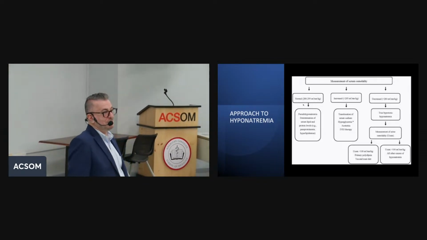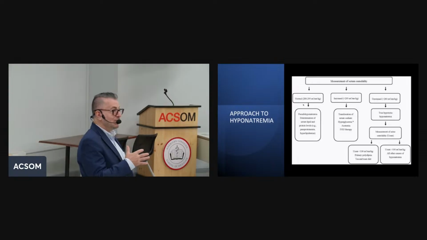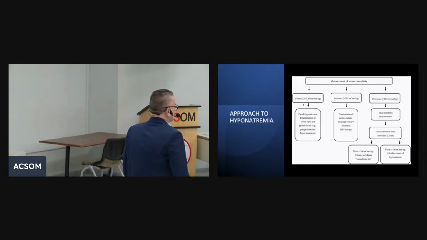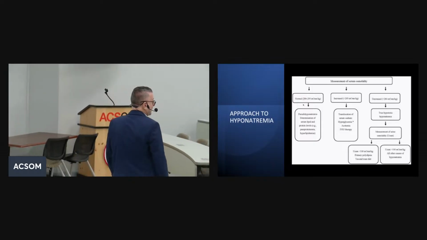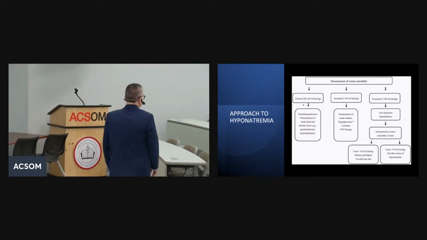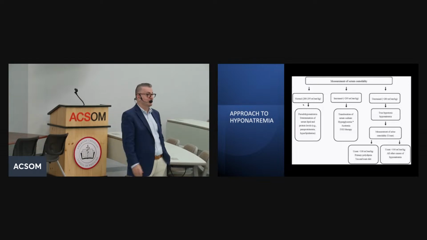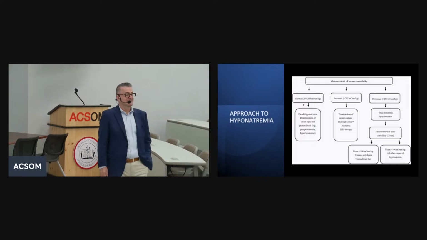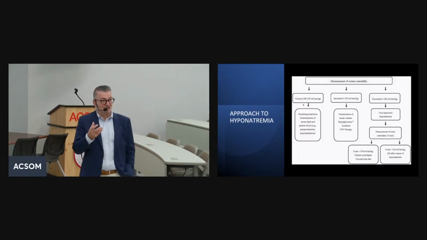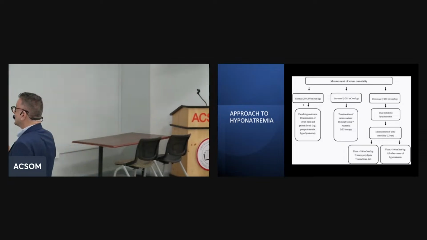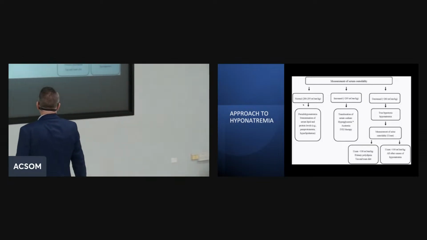Those are usually psych patients who drink a huge amount of water and it's hard for them to maintain osmolality, not because ADH is abnormal, just because they drink so much, let's say 6, 7, 8 liters of water, and that makes it very difficult for ADH to compensate. So urine osmolality is very, very low.